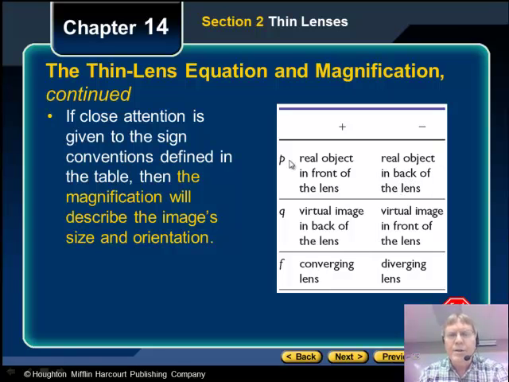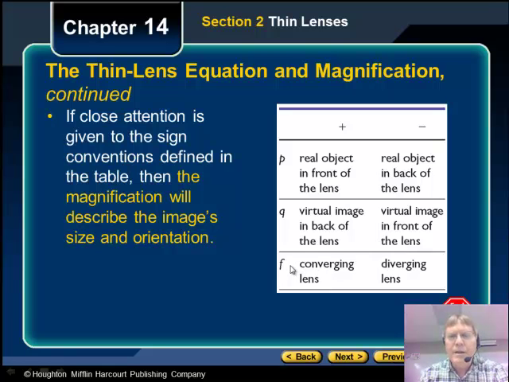So depending on which side of the lens the object is on, P is positive or negative. Q will be positive if you have a real image, and negative for a virtual image in back of the lens, negative if the virtual image is in front of the lens.